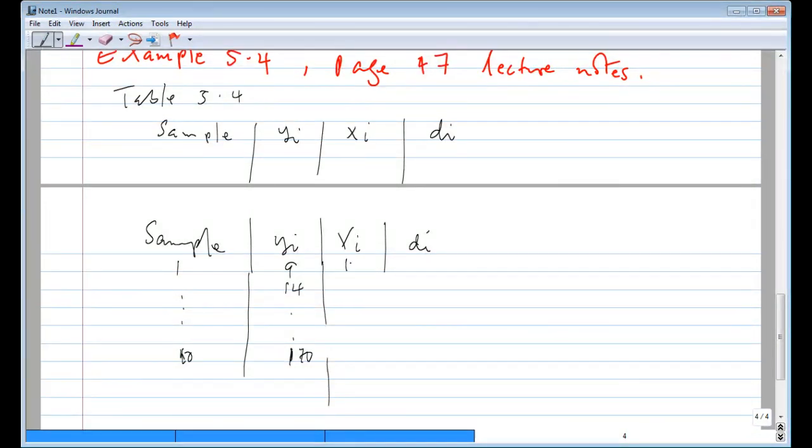Then the book value started from 10, 12 up to 167. Then the difference, in other words, di is equal to what? yi minus xi, isn't it? So 9 minus 10, you're going to get minus 1. 14 minus 12, you're going to get 2. And so on. The last one there, 170 minus 167, you get 3. That is the di. So that is the table given.